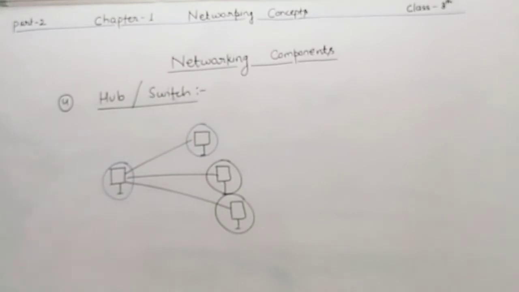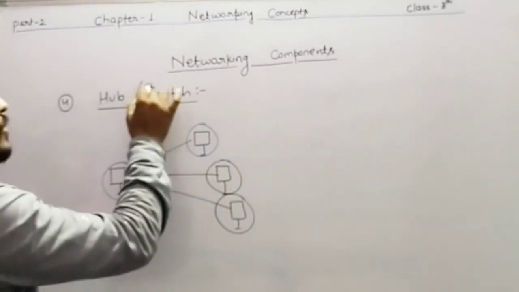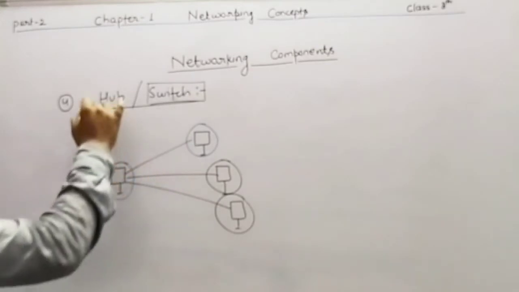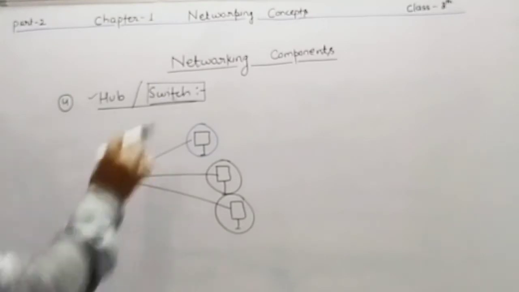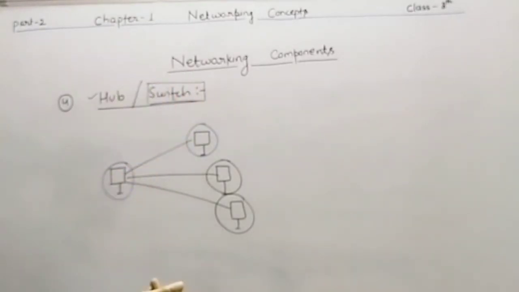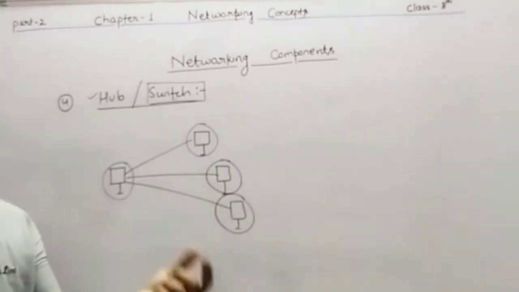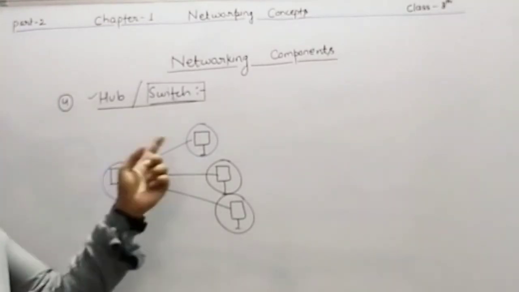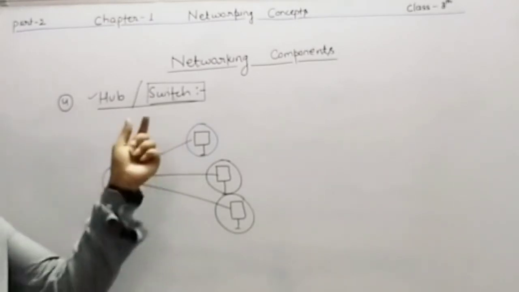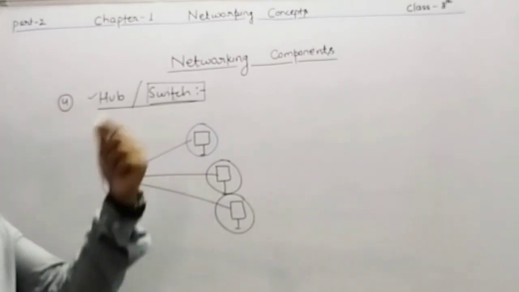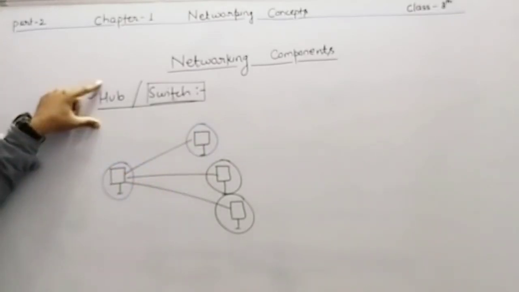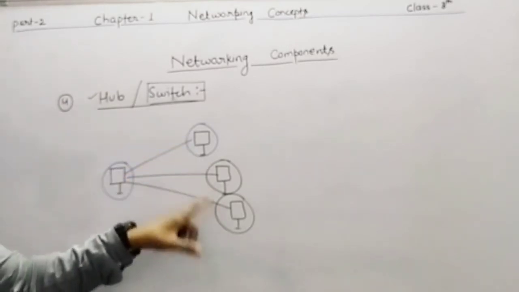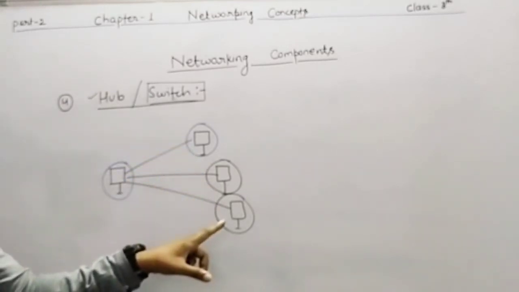That's why a switch is much better than a hub. A switch is secure. If you want to send any personal data, then we can send it with the help of a switch, because a switch uses the IP address of that particular port as an address. But if we are using a hub, then all the ports receive that particular message. Okay?